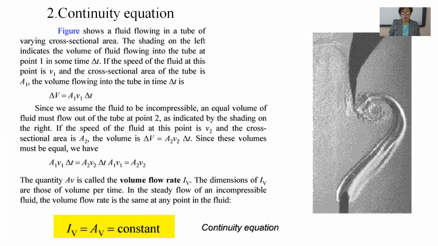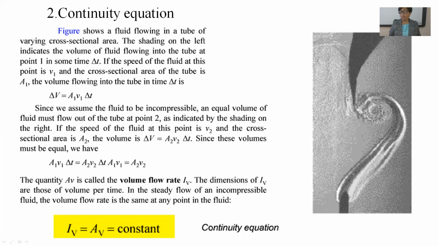Since we assume the fluid to be incompressible, an equal volume of fluid flows out of the tube at point 2, indicated by the shading on the right.